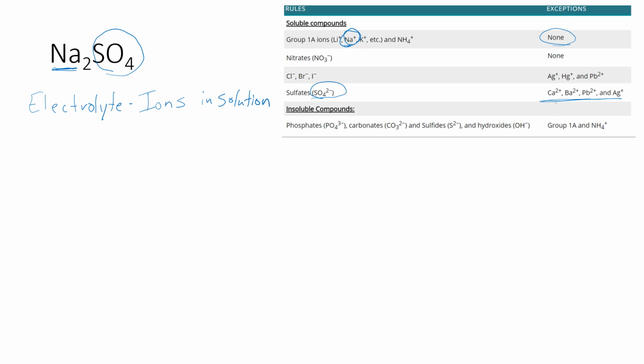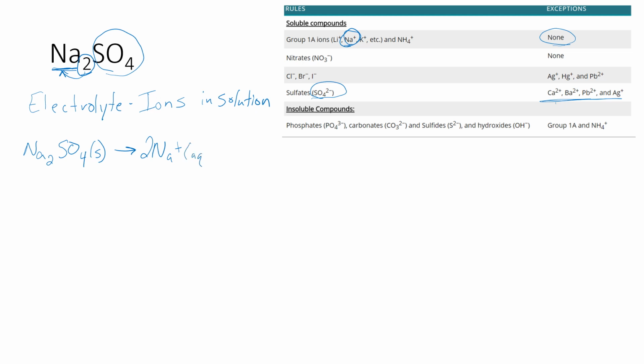That means that we are going to have to write a dissociation reaction, and it can be helpful to do that before we draw the model. For our dissociation reaction, we always start with the compound as a solid. No parentheses are needed because we only have one sulfate. It's going to break into the ions. So this 2 subscript tells me that we have 2 sodiums that are going to dissociate away from each other in the solution.